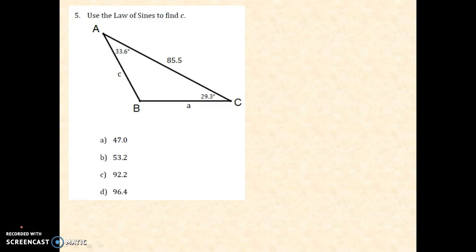So now we are going to use the law of sines to find C. The angle opposite C is 29.3 degrees.